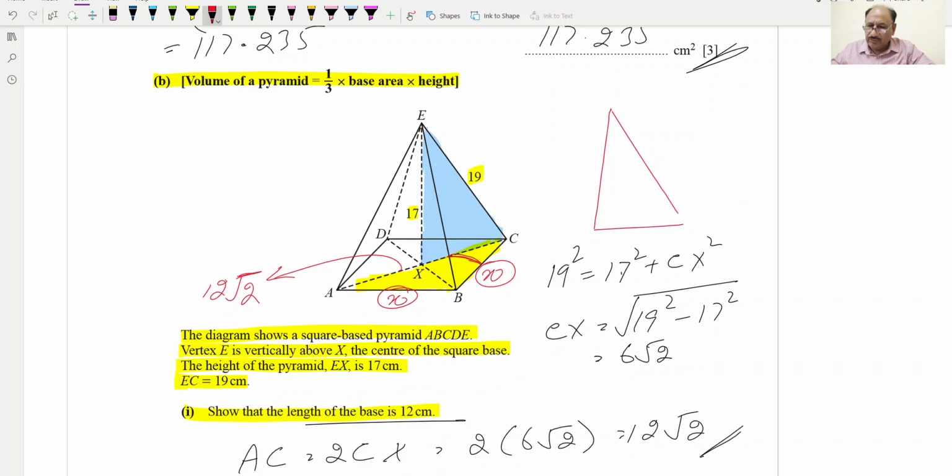I'm drawing roughly for your conceptual clarity. This side is 19, this side is also slanting height which is 19, and this angle is required, and this side is 12.